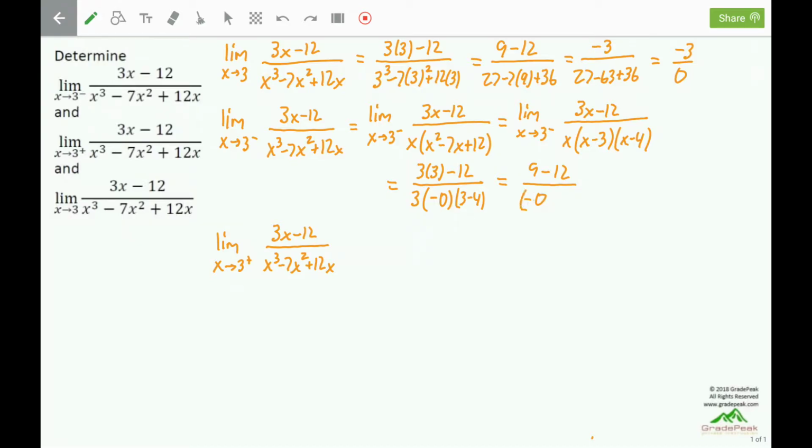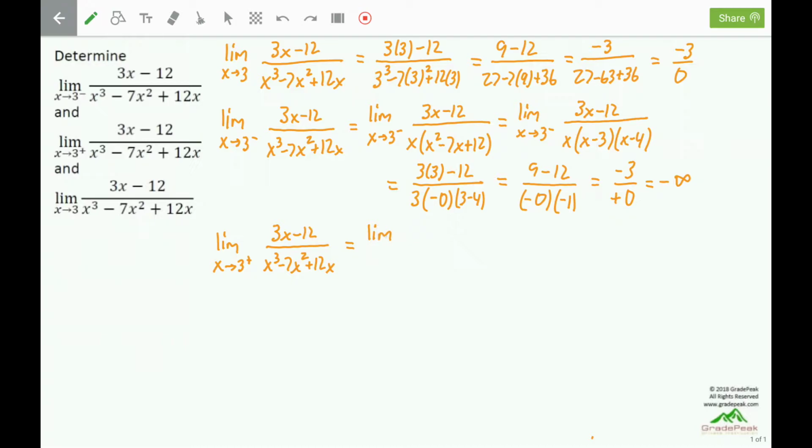Negative times positive gives a negative. And then 3 minus 4 is a negative 1. 9 minus 12 is a negative 3, divided by a negative times a negative, which is a positive. 0 times 1 is 0. We have a negative divided by a positive, which is a negative, and a non-zero divided by a 0, which is an infinity. The left-sided limit will be negative infinity.